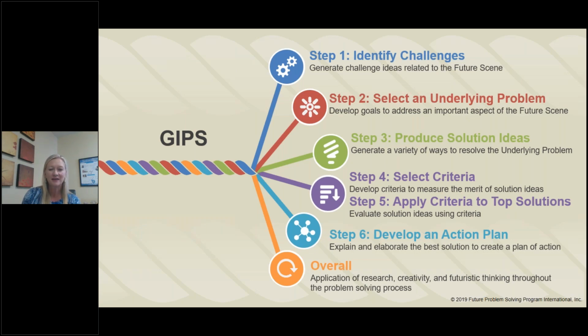And then the final aspect of evaluation is the overall aspect of how the students utilize the research, utilize creativity, and futuristic thinking throughout all 6 steps. So we take a holistic view of all of those steps together and provide the scores for that.